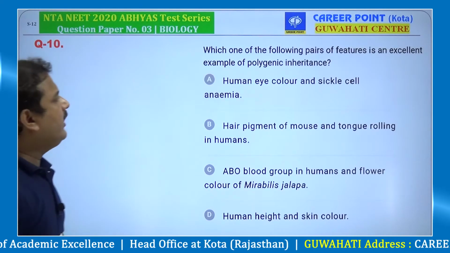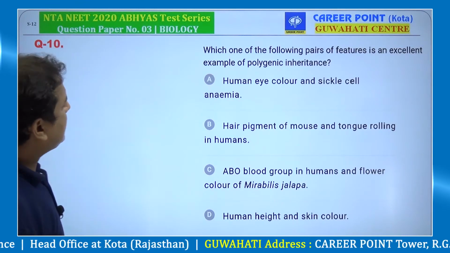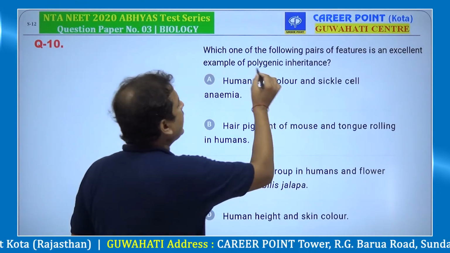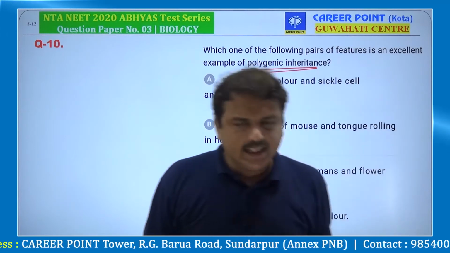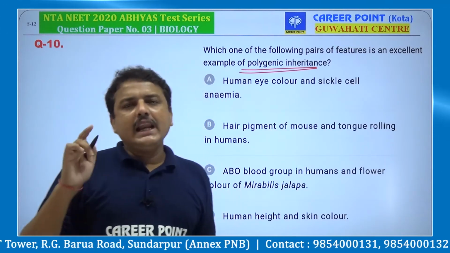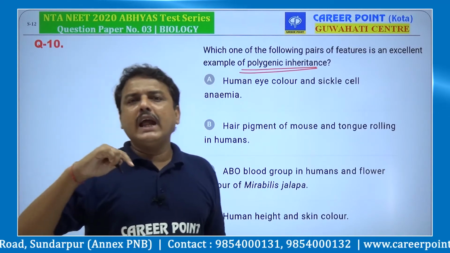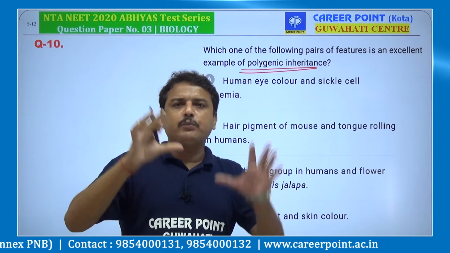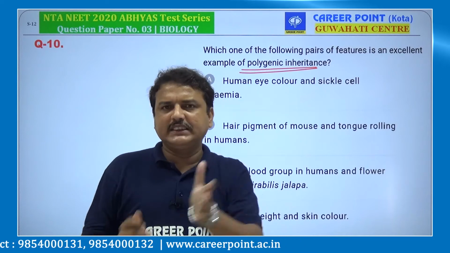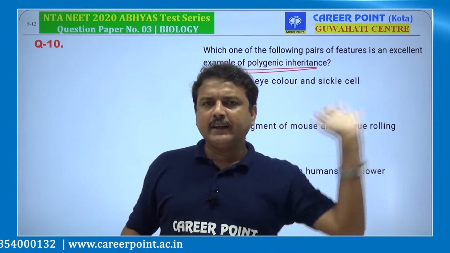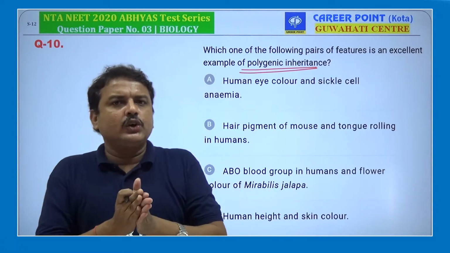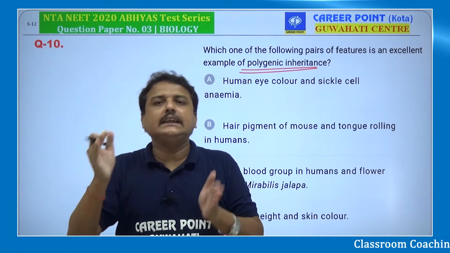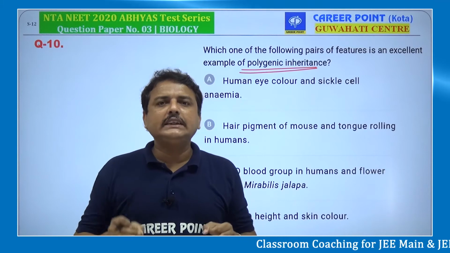Which of the following pairs is an excellent example of polygenic inheritance? Please remember, what is polygenic inheritance? Polygenic inheritance means when more than one gene is responsible for providing one character. The earlier concept was one gene, one character. Clear? Now here, one character is controlled by more than one gene, and that condition is called polygenic inheritance.